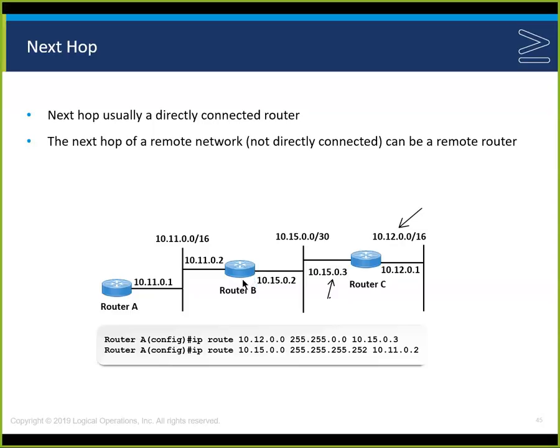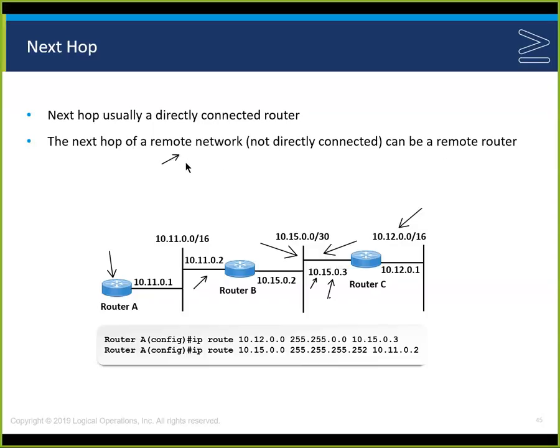This guy doesn't have a clue how to get there. So we have to put now in an IP route to 10.15 to go to 255.255 to 10.11.0.2 to get there. We're configuring on this router here. He will know about this network because it's directly connected. So it'll be able to get there to the next hop address, to the 10.0, the 15.0.3, this guy right here. So this is called the next hop of a remote network can be a remote router.